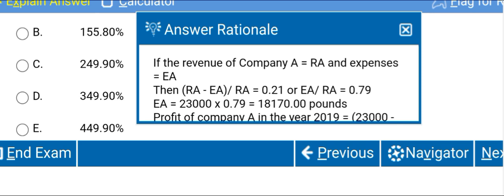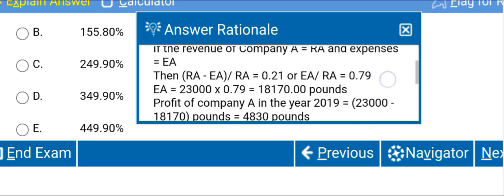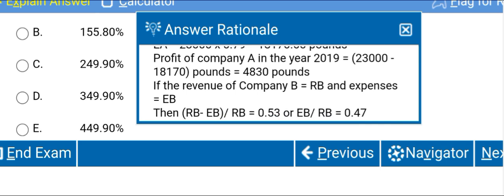So EA equals 23,000 multiplied by 0.79 equals 18,170 pounds. Profit of company A in the year 2019 equals 23,000 minus 18,170 pounds equals 4,830 pounds.